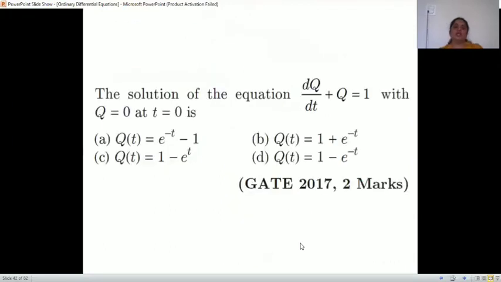Okay, the next question is the solution of the equation dq by dt plus q equal to 1 with q is 0 at t is 0 is. What is the type of this equation?